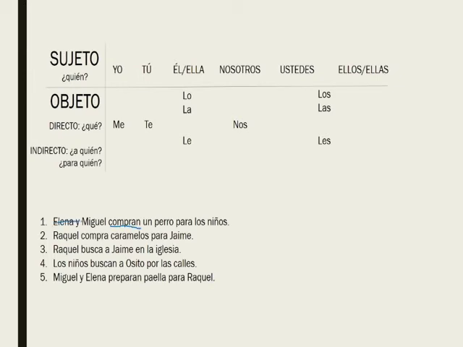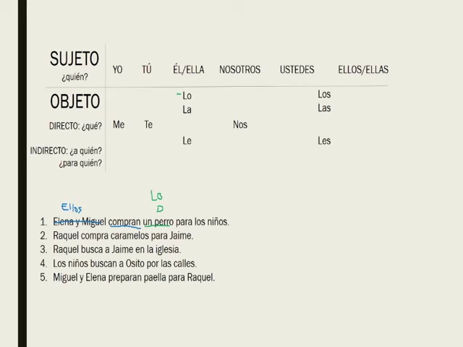Elena and Miguel. So that would be ellos. What do they buy? Direct object. Un perro. Our direct object pronoun for un perro, because it's masculine and singular, would be lo.